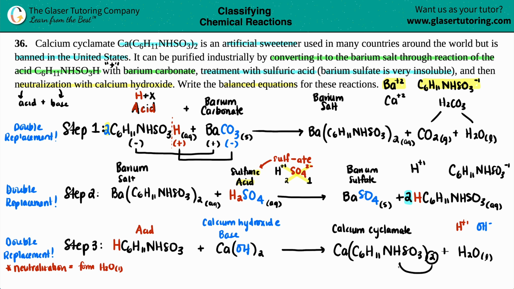I have 2 of these big things, but on my left-hand side, I only have 1. So I have to put a 2 in front of here. And if now I have 2 H's and 2 OH's, I will form together 2 waters. So I will have to put a 2 in front of there. And now, this is the answer.